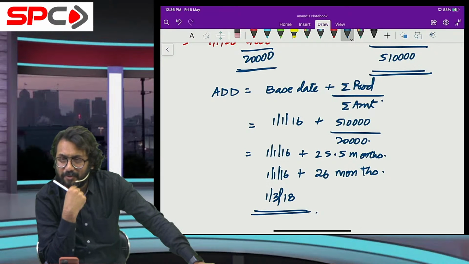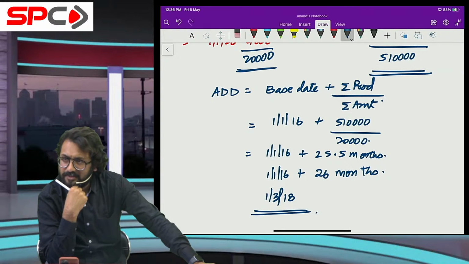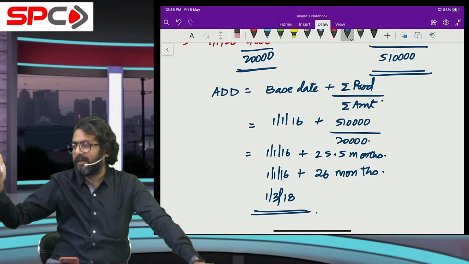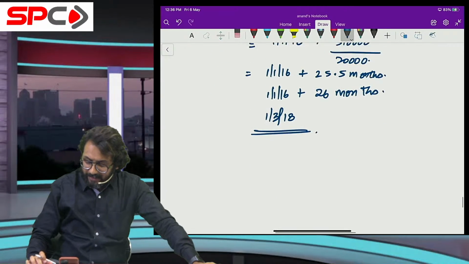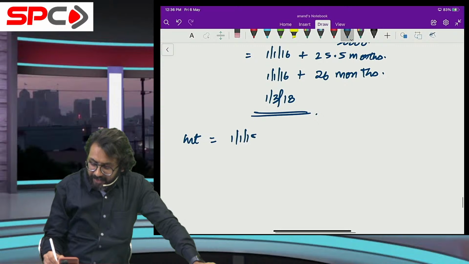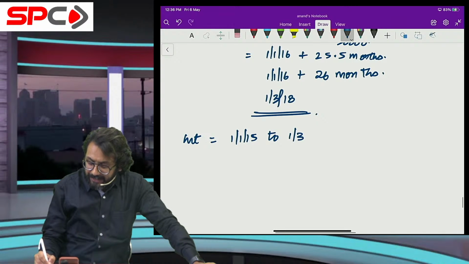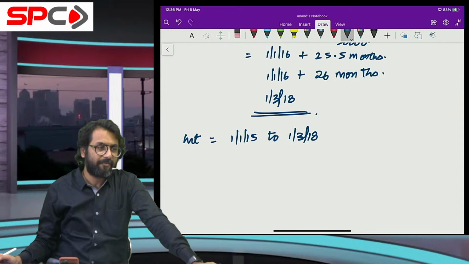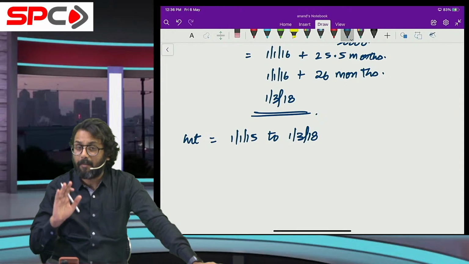Now comes the question, are you going to make payment of interest or not? Yes. From what date? 1st of Jan 15 to 1st of March 18. Do you all agree? So I will have to calculate interest from 1st Jan 15 to 1st March 18. For God's sake, simply calculate simple interest, don't calculate compound interest.